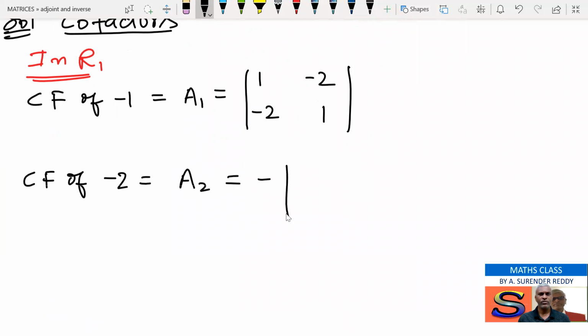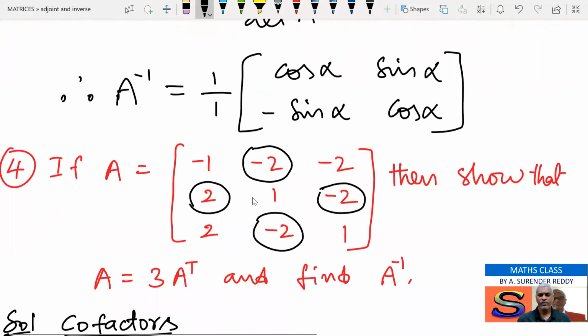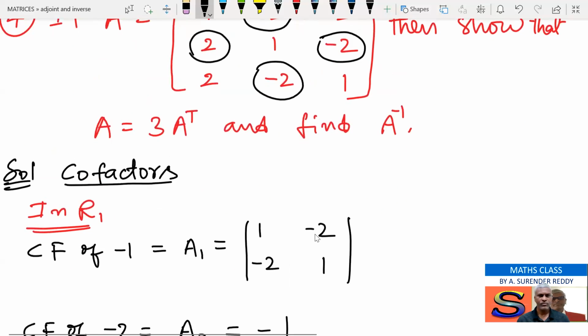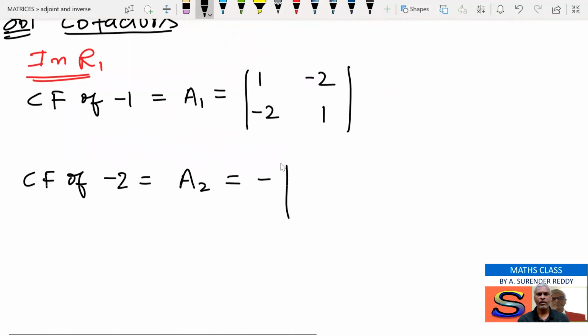Multiply this with minus. What are the elements? Eliminate the row in which -2 is there and the column in which -2 is there, that is the second column. Leaving the first row and second column, the elements are 2, -2, 2, 1.